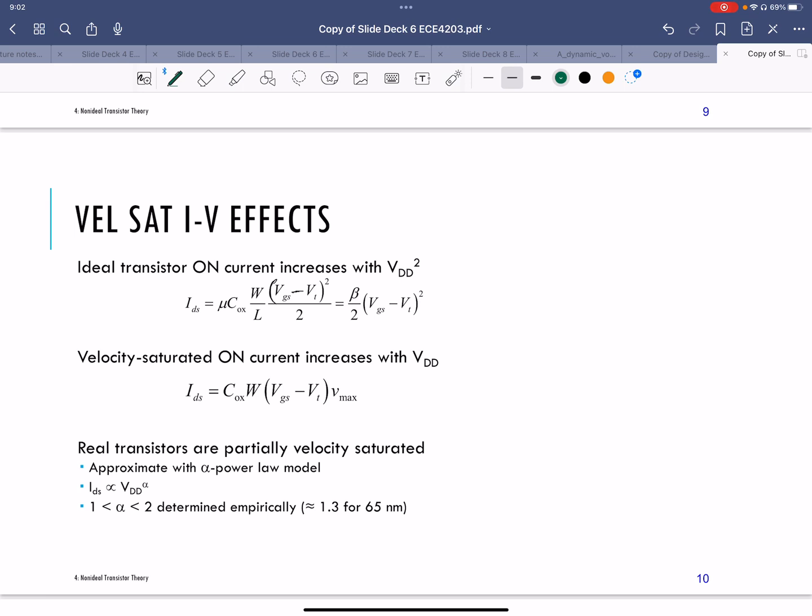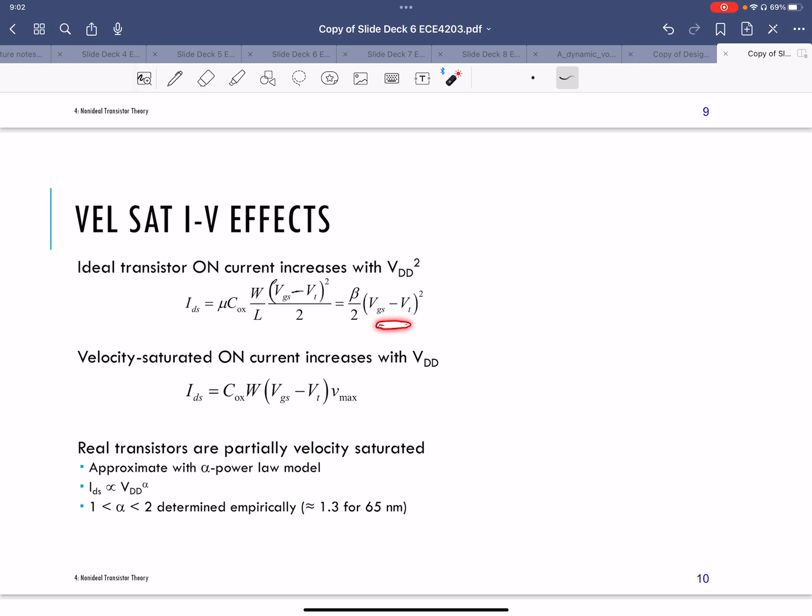So for example, specifically in the saturation current, you expect in the ideal transistor model, or the Shockley model, your saturation current to be square law dependent on VGS minus VT.